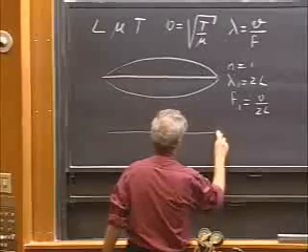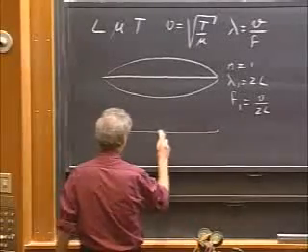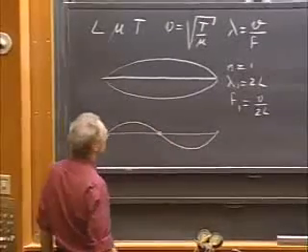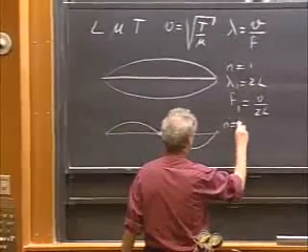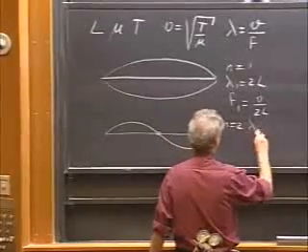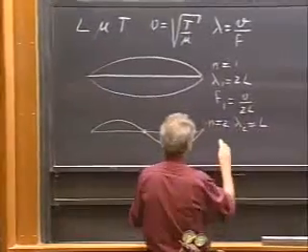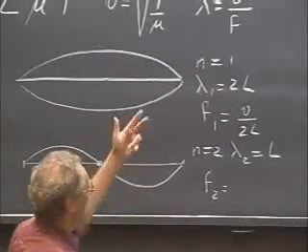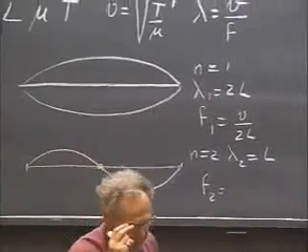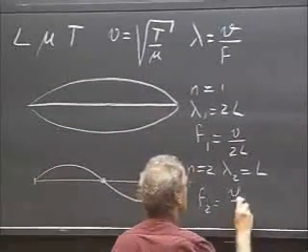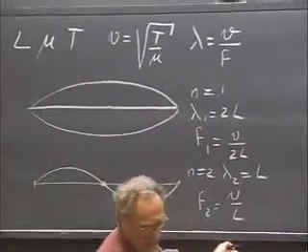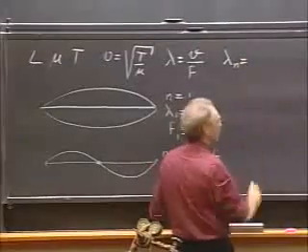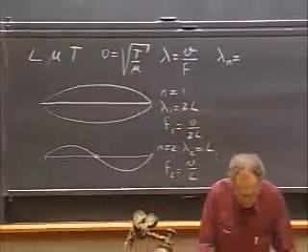If we go to the second harmonic, then the picture changes. We get a node in the middle. And so we have here n equals 2. So lambda 2 is now L. And so f2 is now again V divided by the wavelength, so that becomes V divided by L. And so we can write down now the general equation for the nth mode, n being Nancy.